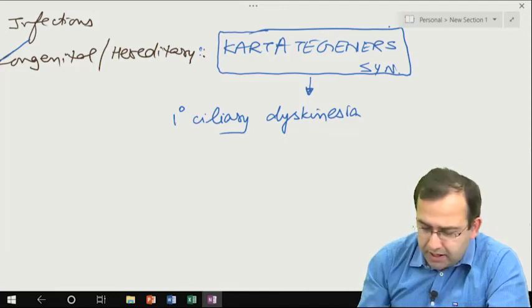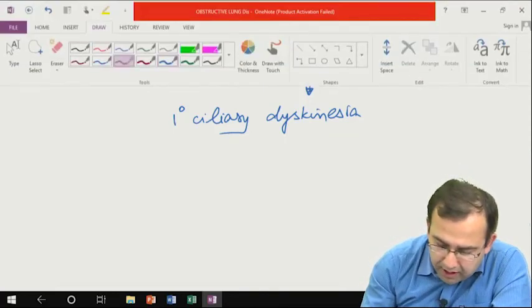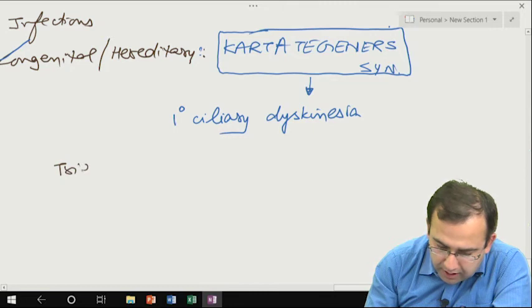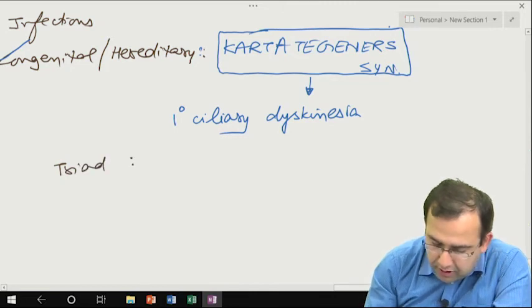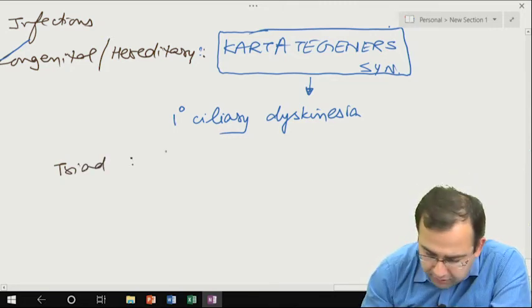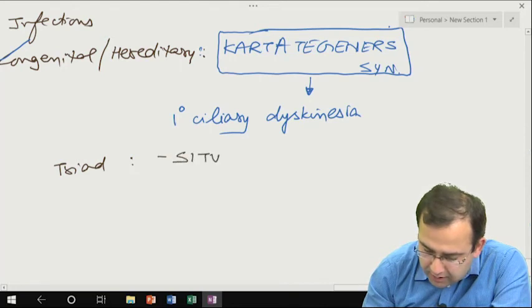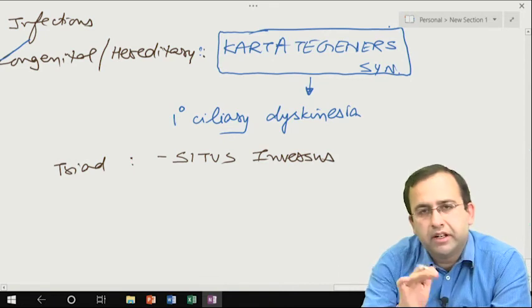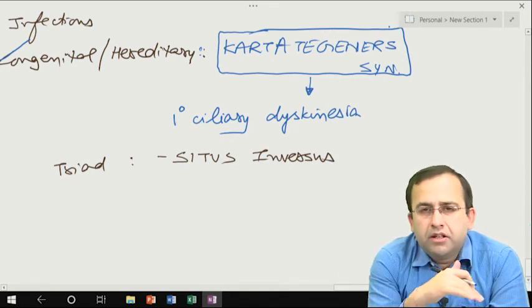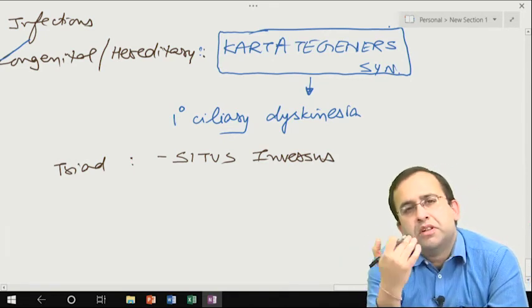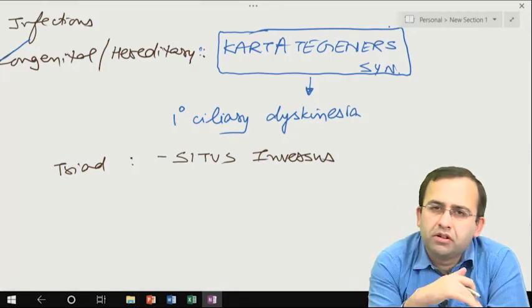So it has the classical triad. It is a triad of situs inversus. Situs inversus is left is right, right is left. Heart is present on right hand side, spleen is present on right hand side, liver is present on left.